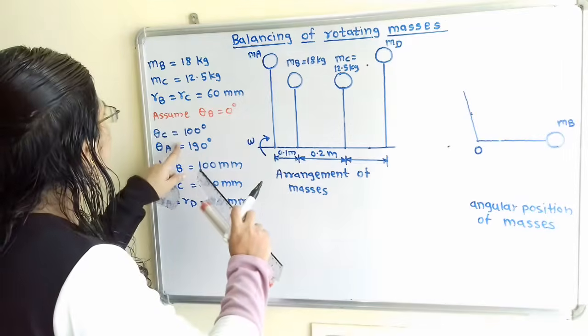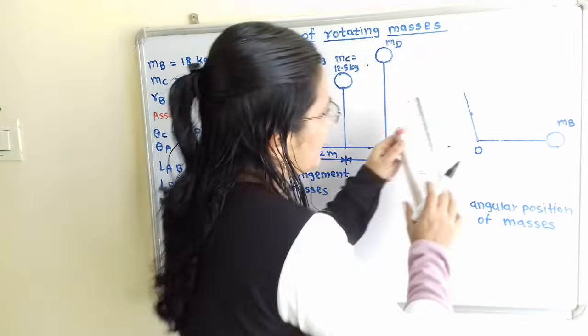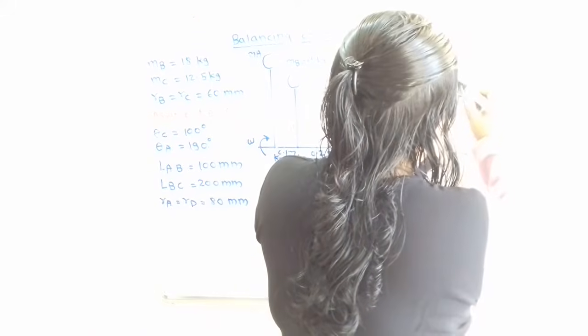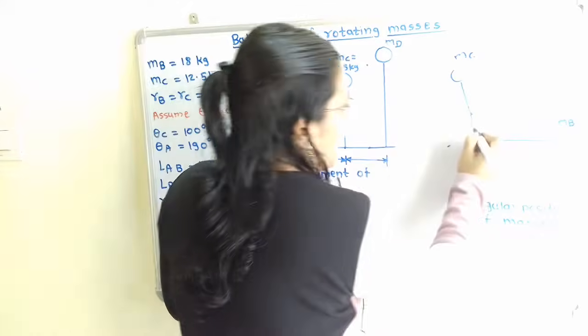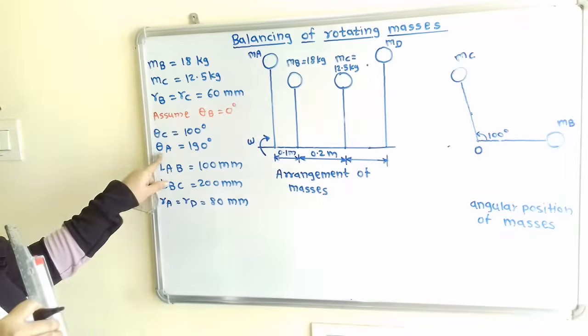So eccentricity for C is also 60 millimeter. That is again we have to take the same distance, that is 6 centimeter, and we will plot here mass C, that is MC. And we will also mention the angle. So this angle is 100 degree.